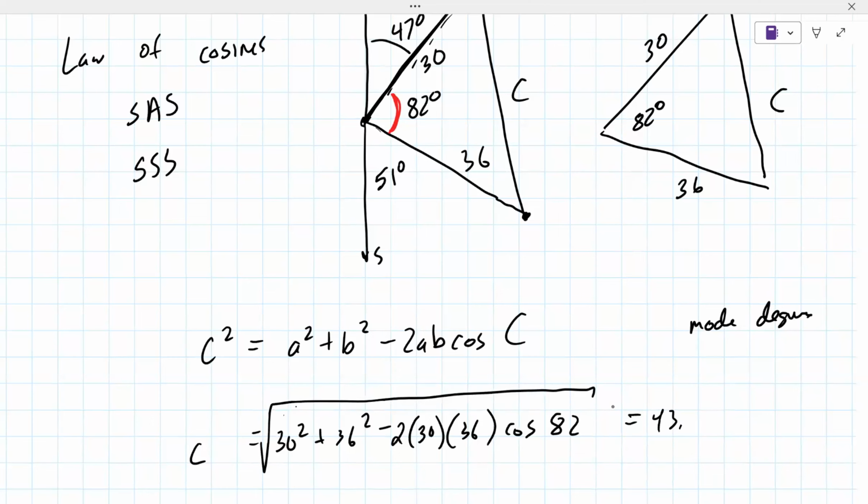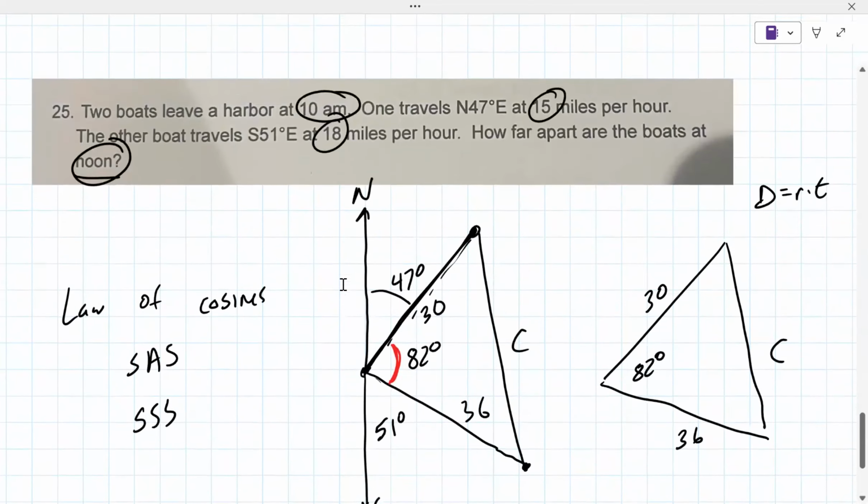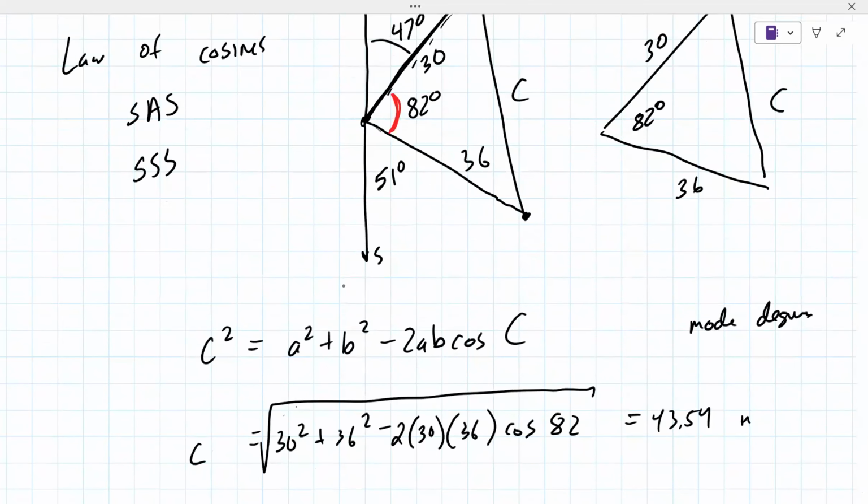And the units might be important, depending on that's miles.